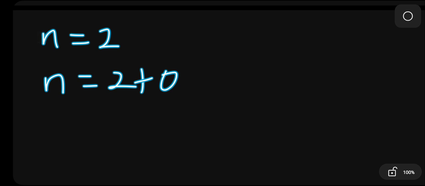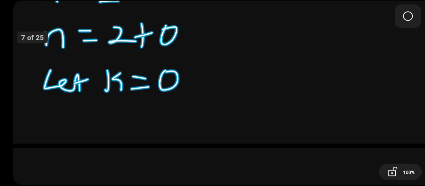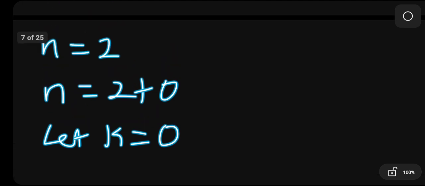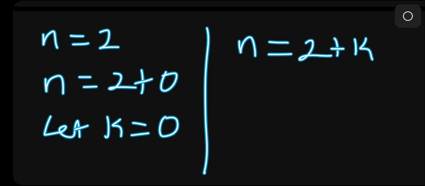Now we can say let k be equal to 0. Now we are introducing a new variable here, which we can call a dummy variable because it doesn't really change anything here. So now n equals 2 plus k. Now I can simply say n equals k plus 2.